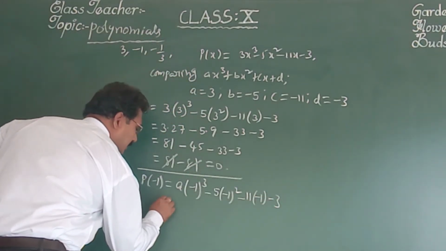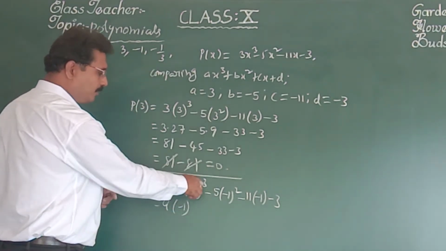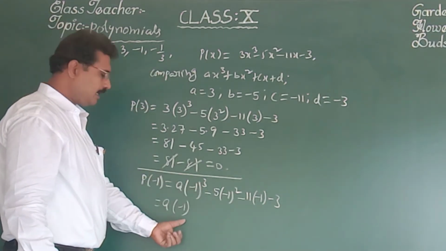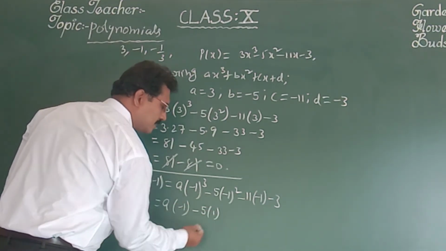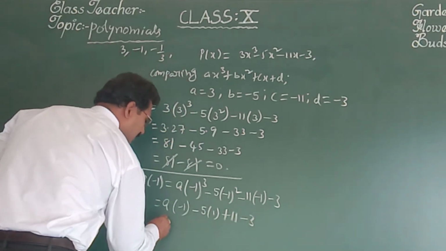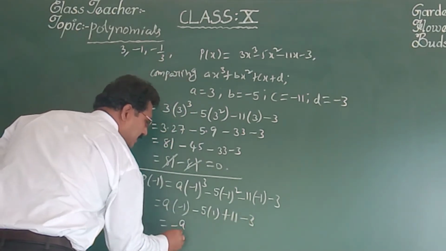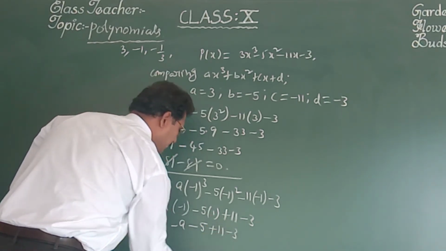Now which is equal to 3 into minus 1 whole cube: a negative number to an odd power is again minus. So minus 5 into minus 1 whole square is plus 1, and minus into minus is plus 11, minus 3.